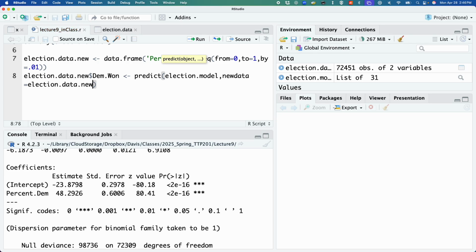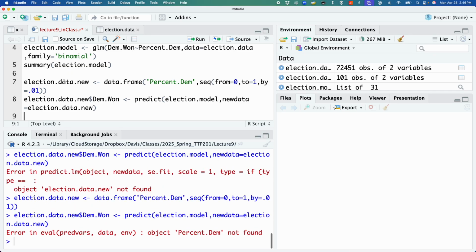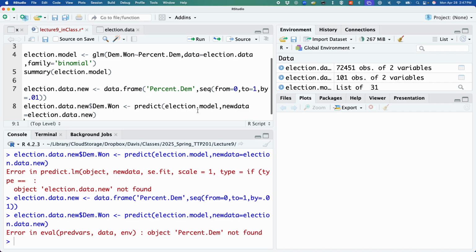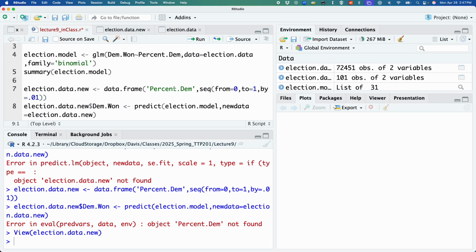And so if you run it just by default, I have to... %dem not found. All right, one sec. Oh, oops.